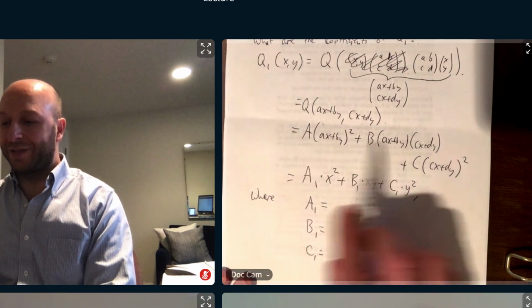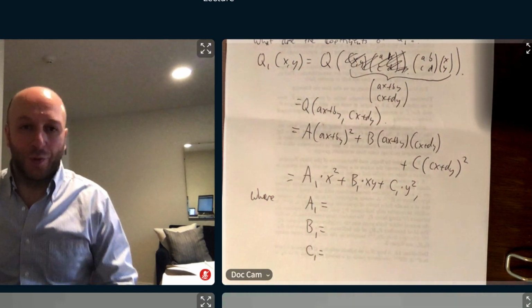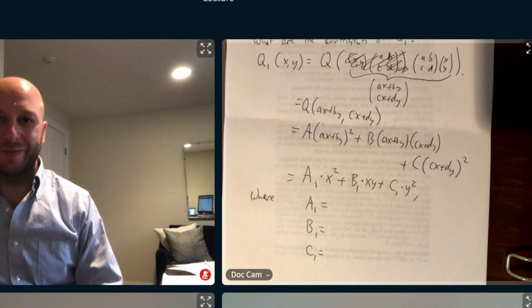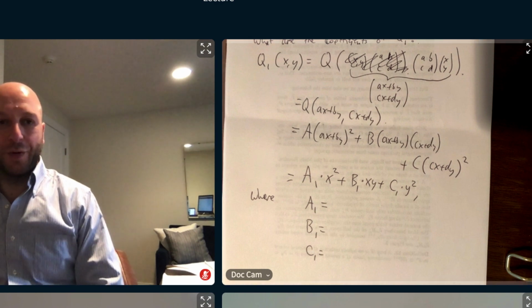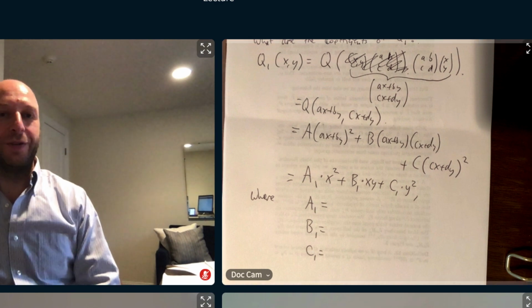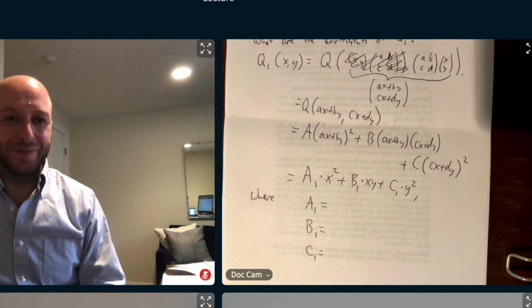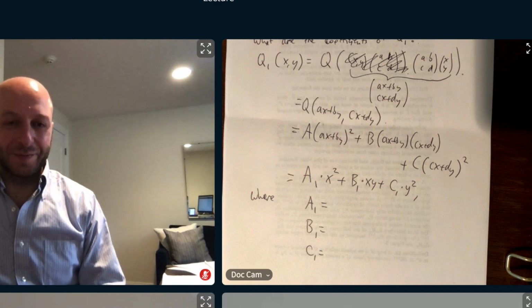So take 3 minutes and give me a thumbs up when you're done with the calculation. Or just put in the chat, done, when you're done. Does everybody know what to do? Does anybody not understand what the question is? Should we do the first coefficient together just to get started?